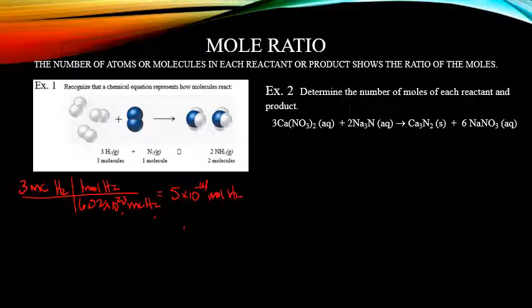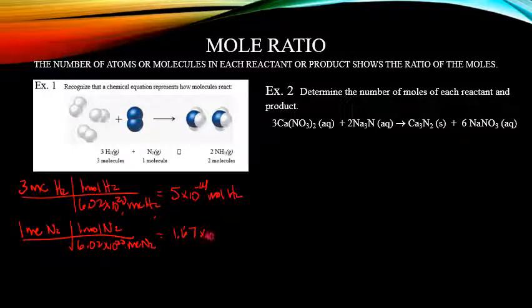If we do the same thing, we have 1 molecule of N2, and we know that for every 1 mole of N2, there are 6.02 times 10 to the 23rd molecules of N2, and that would give us approximately 1.67 times 10 to the negative 24th moles of N2.